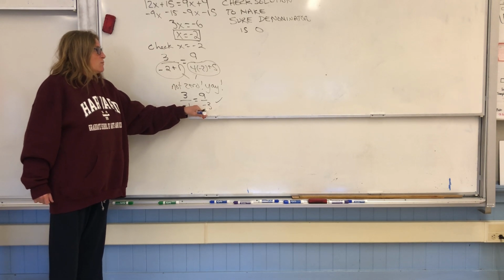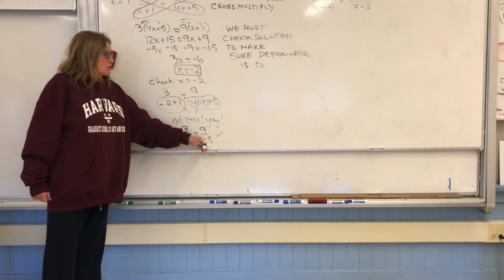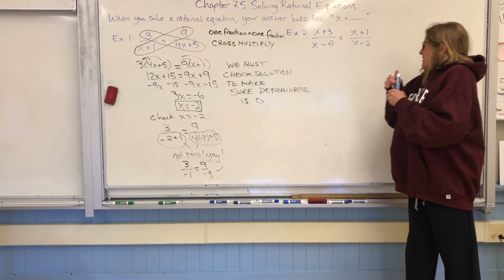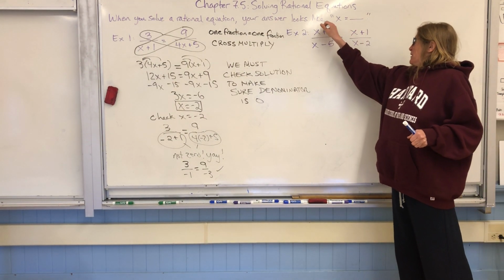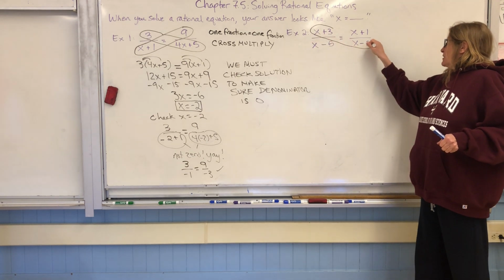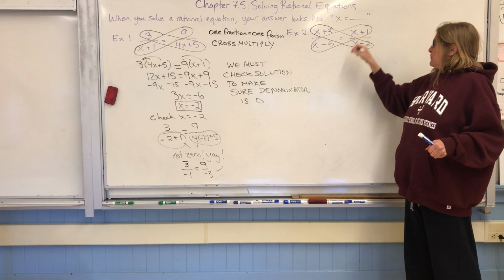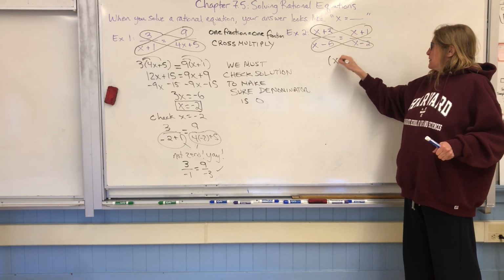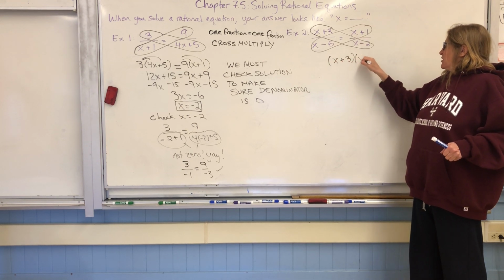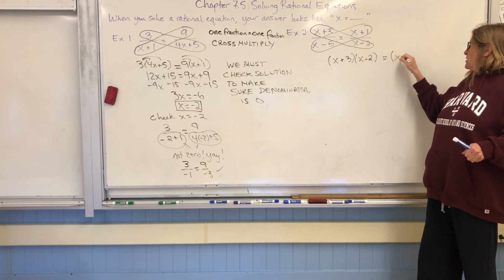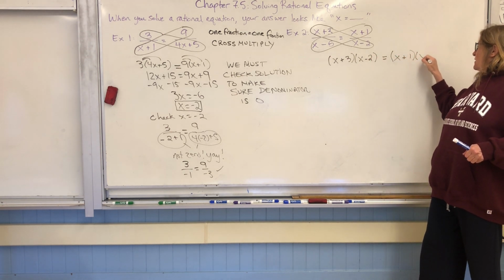So the next one, again, we have one fraction equal to one fraction. So we get to use our cool cross multiply. So this one's a little more complicated because I'm going to have to FOIL. So I've got x plus 3 times x minus 2 equals x plus 1 times x minus 5.